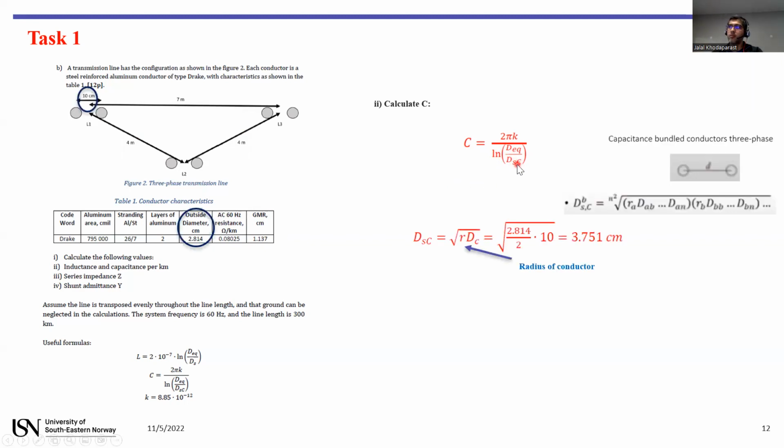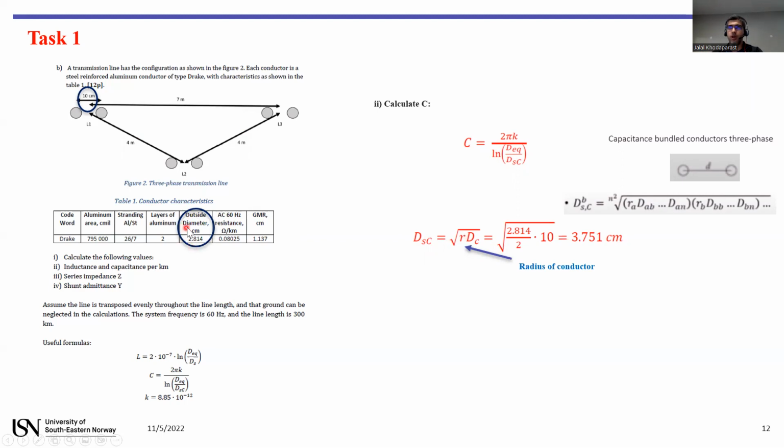However, the denominator of the log will be different. DSC is the radius of the conductor for the capacitance calculation. It is the root of R, where R is the radius of the conductor.